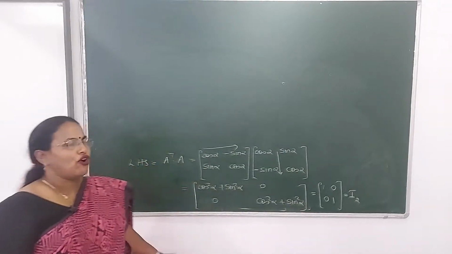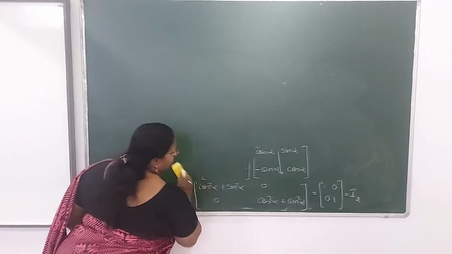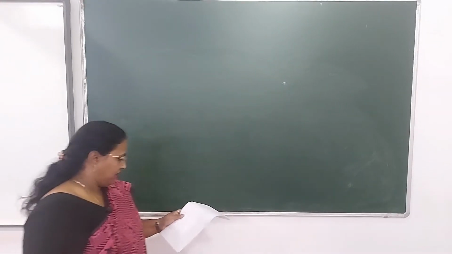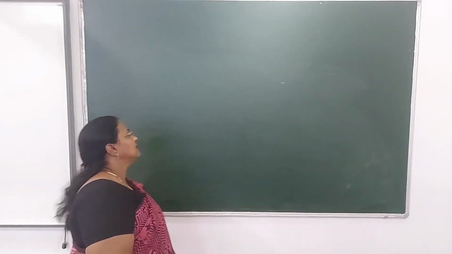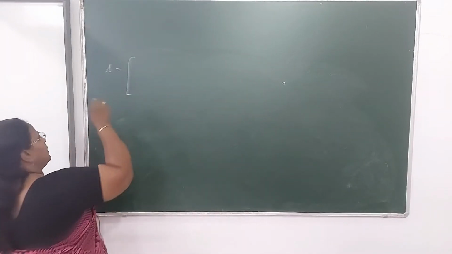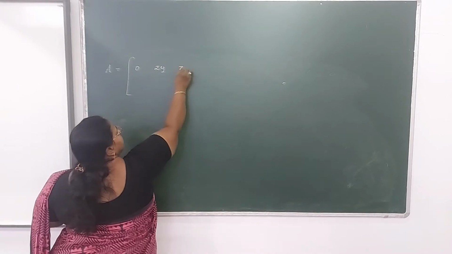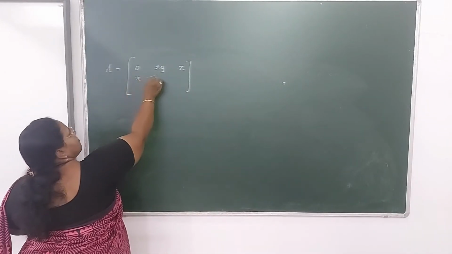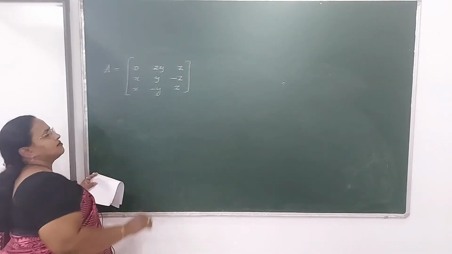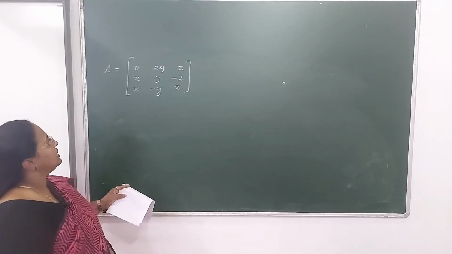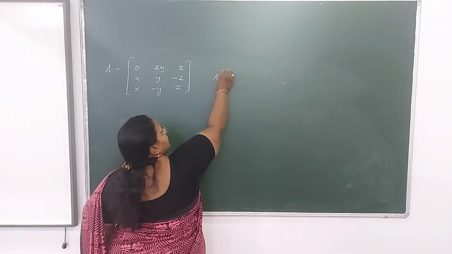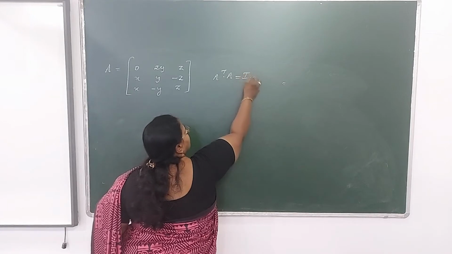Find the values of x, y, z if the matrix A, row wise I am writing down 0, 2y, z; x, y, minus z; x, minus y, z, satisfies the equation A transpose into A is equal to I3.